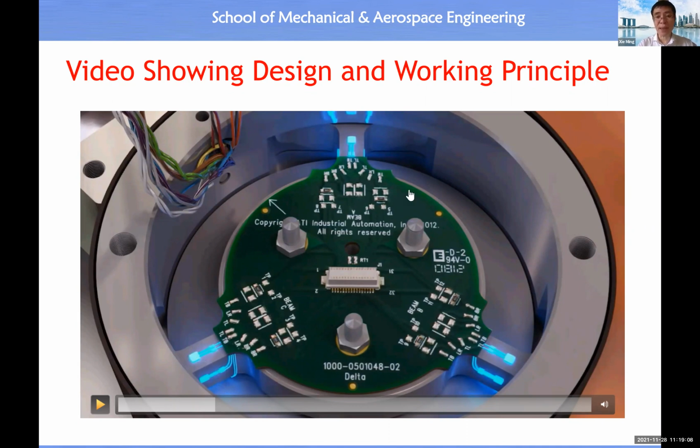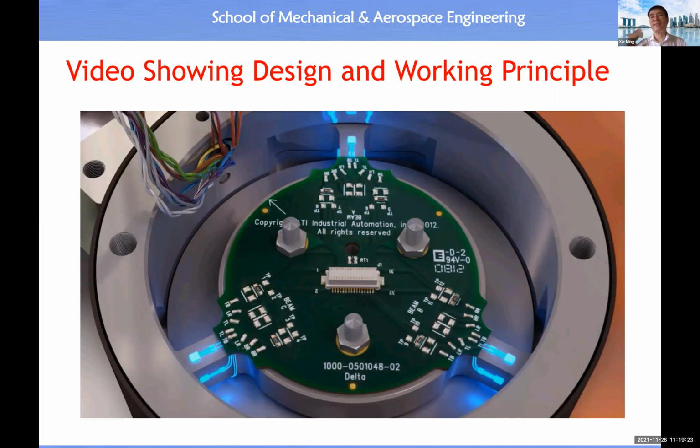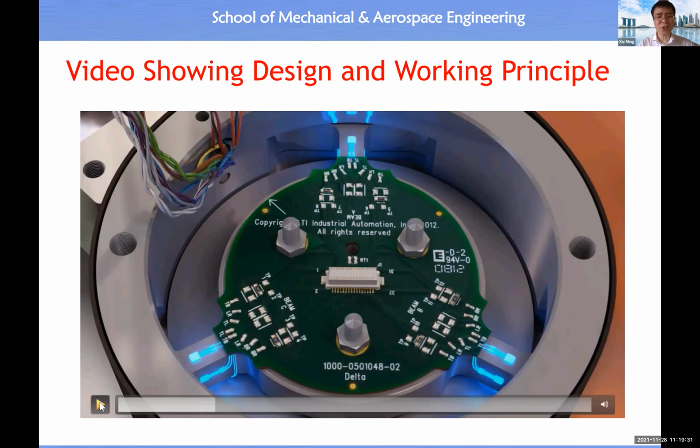So you have another pair and another pair here. And we have electronics to read out the resistance value from each strain gauge. And we have another electronic circuit to process the data, combine them together, etc. All right. So you see these are the key elements inside the design of a force torque sensor.